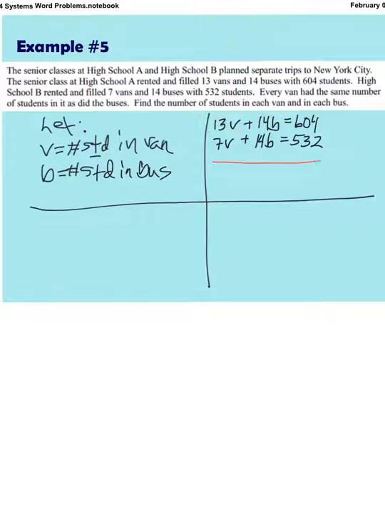Okay, so hopefully you have solved your system. Since the B's both have 14 as a coefficient, I'm going to go ahead and eliminate my B's. So you're going to have to multiply one of the equations by -1. So I've decided to multiply the second equation by -1. So I haven't touched the first.